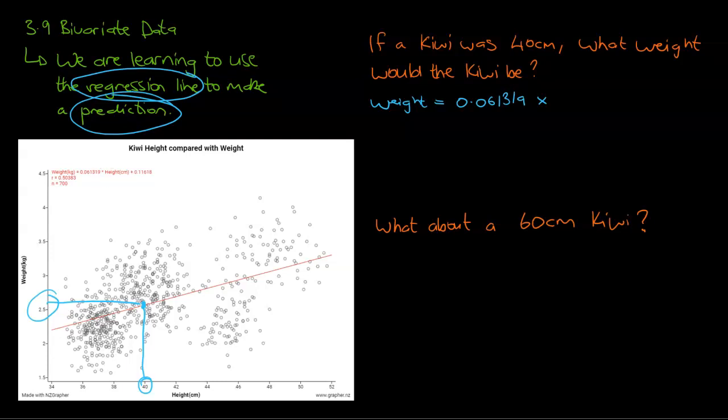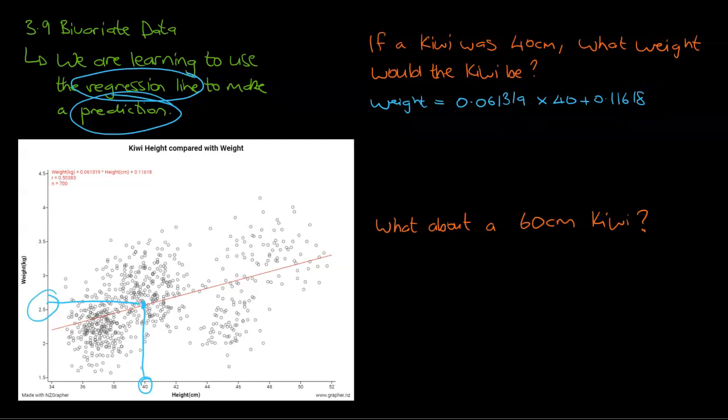We're going to take out the height part, and put in the 40 that we're interested in. And then back to the equation, we add on what we call the constant, the number at the end, so plus 0.11618.